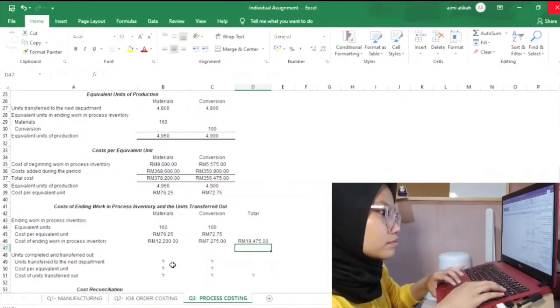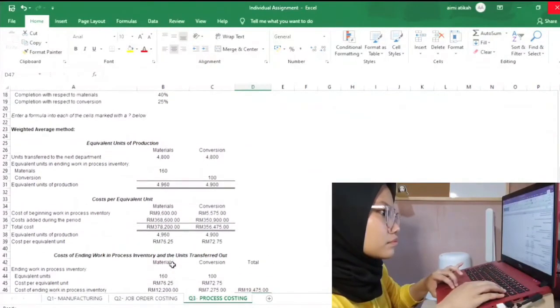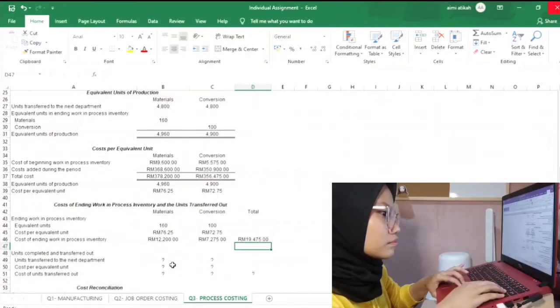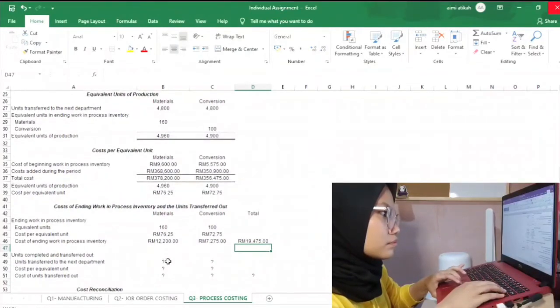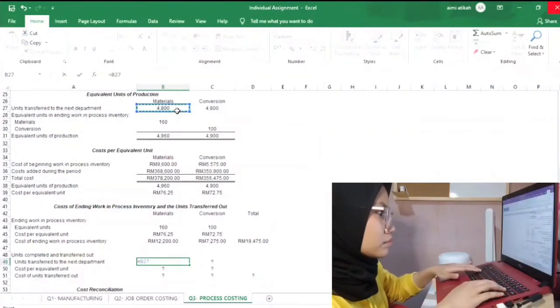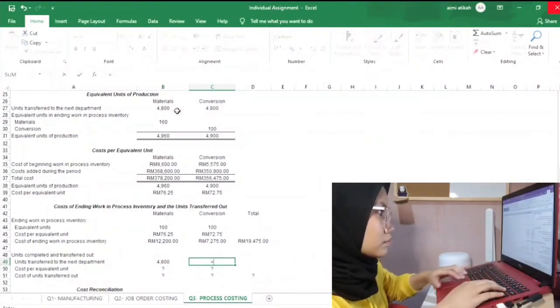Units completed and transferred out, I will take units transferred to the next department for materials, and do the same for conversion.